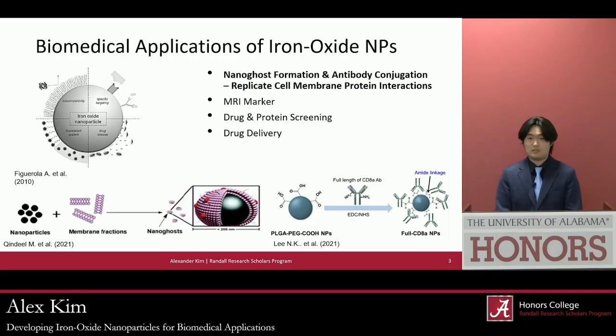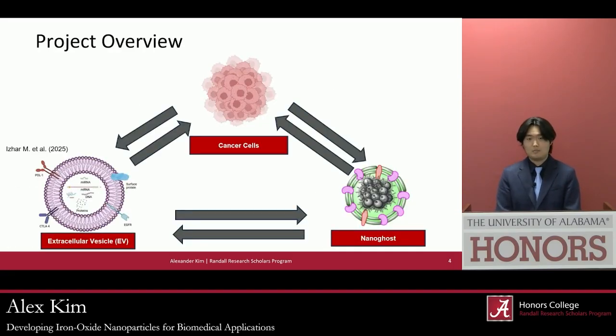In addition to these, iron oxide nanoparticles can also be used as MRI markers and for the purposes of drug and protein screening, as well as delivery of drugs. So the big idea behind my project is that cancer cells have membranes with a variety of receptors, and these membrane receptor components are conferred from the cancer cells to extracellular vesicles, which are essentially the signaling and delivery vehicles of the body between these cells.